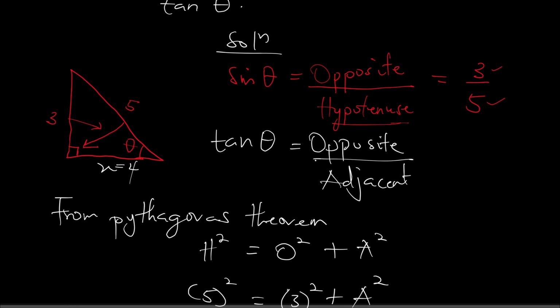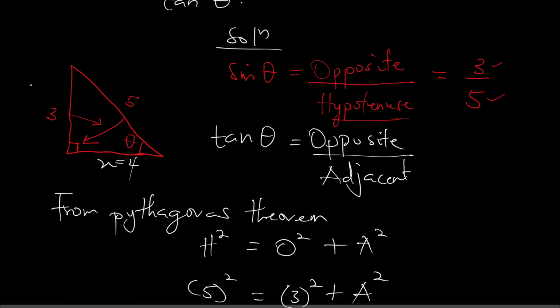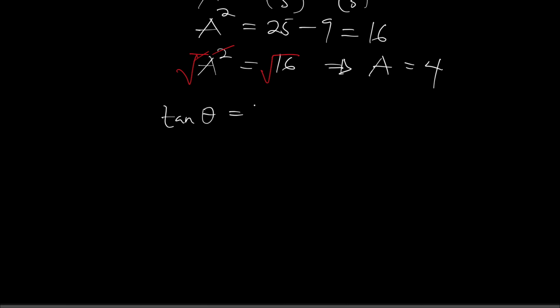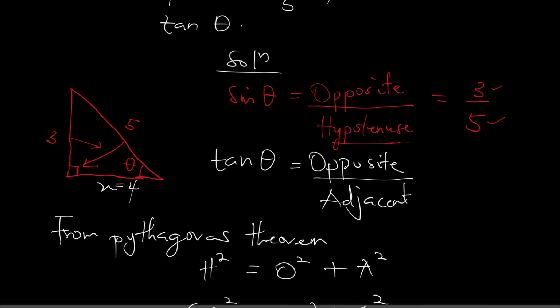So tan theta becomes opposite, which is 3, over our adjacent, which is 4.